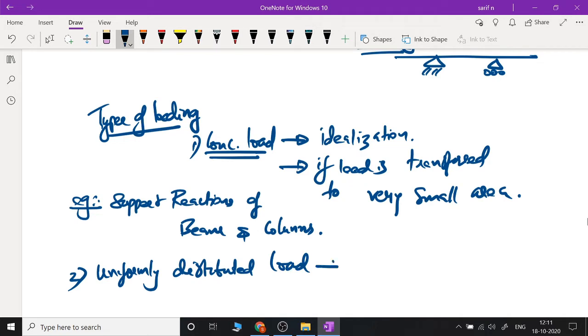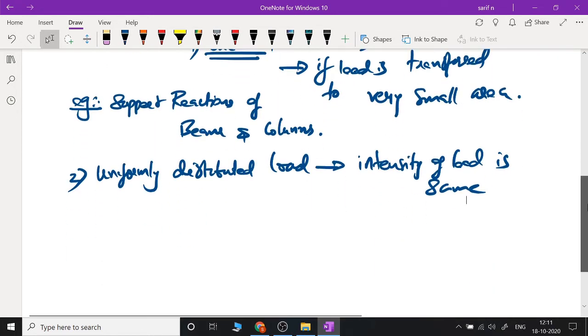Uniformly distributed load means the intensity of the load is the same.